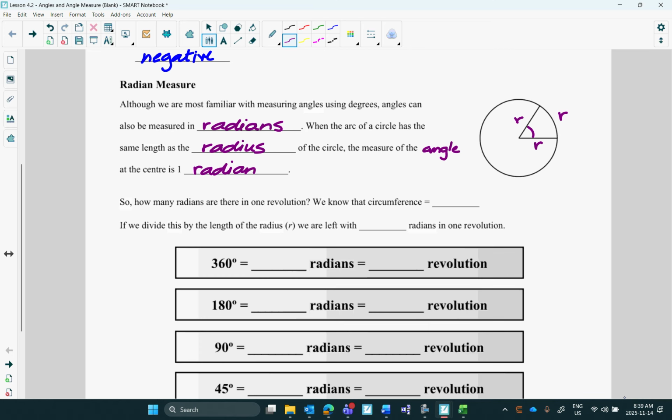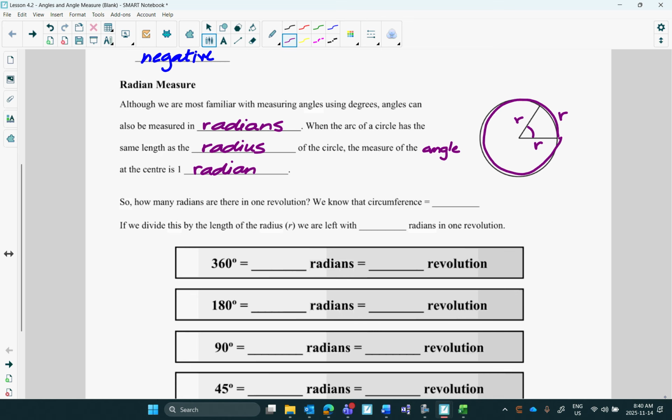Okay, so how many radians would be in a complete circle? Well, how much is a complete circle in degrees? 360 degrees, right? Okay, so we know that, but how many radians would that be?